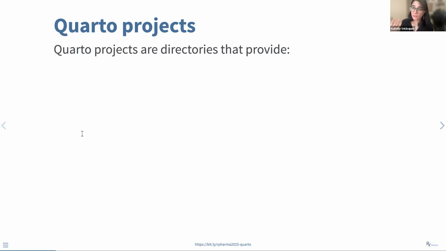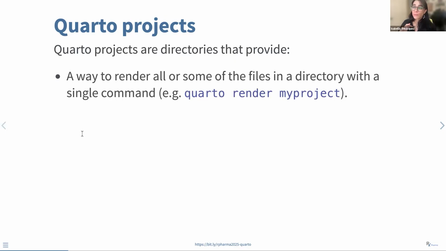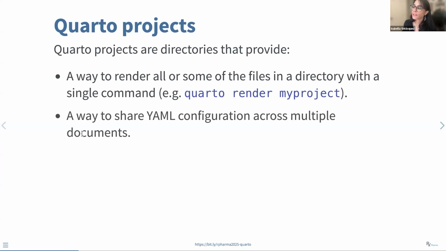However, sometimes we want to work with Quarto projects, which I think I just alluded to, the directories, and they provide a way to render all of your files in a directory with a single command. Instead of having to render individual QMD files, you run quarto render and then the name of your project, and it renders all of them at once.